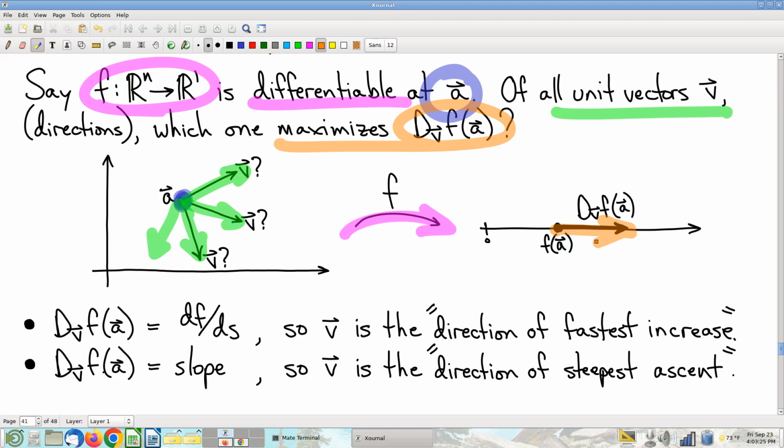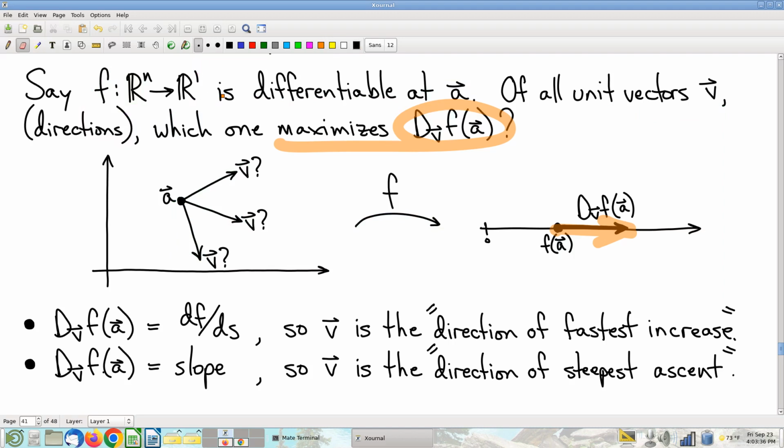I do want to point out one thing about the question before I get to the answer, and that is this thing that we want to maximize. The directional derivative, keep in mind I can interpret directional derivative as being df/ds. It's how fast is the function increasing with respect to distance? What's the rate of increase of the function per unit distance, intrinsic to the function itself?